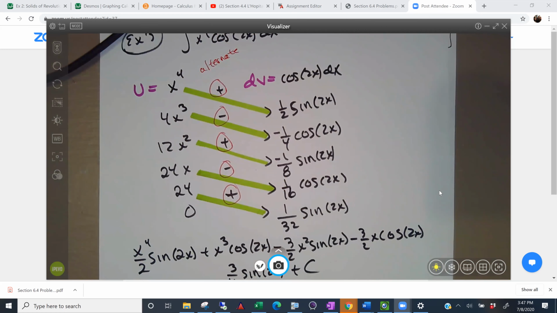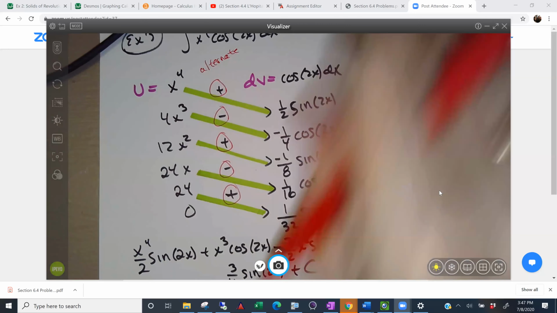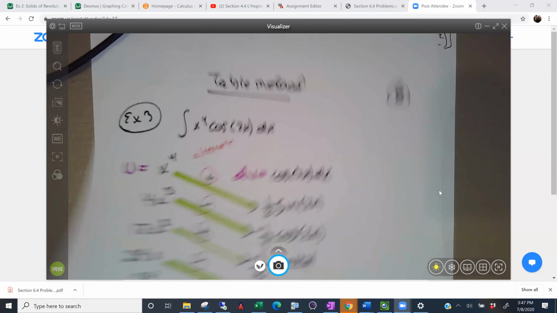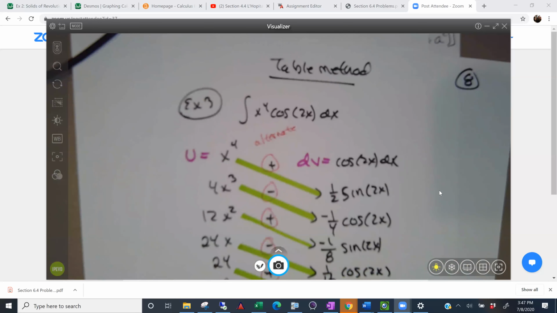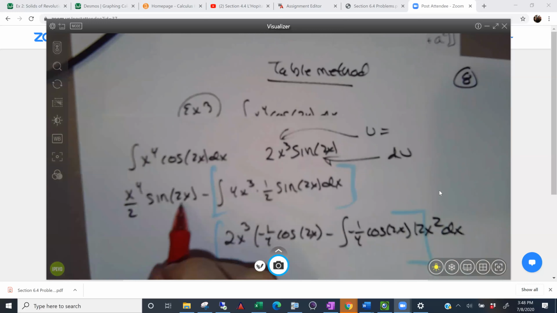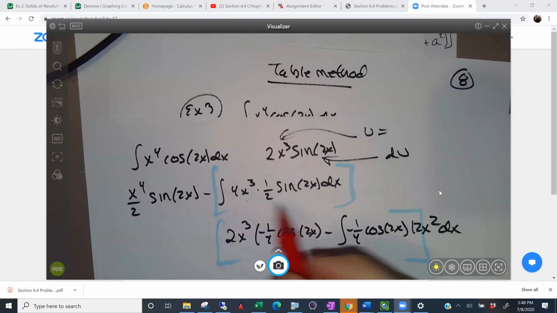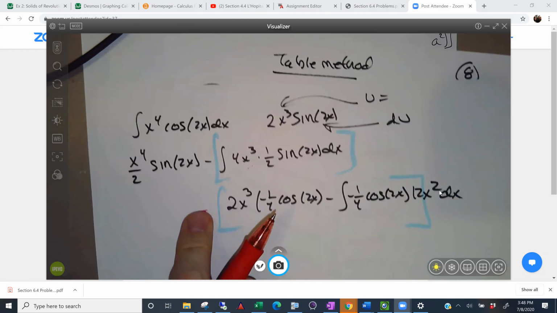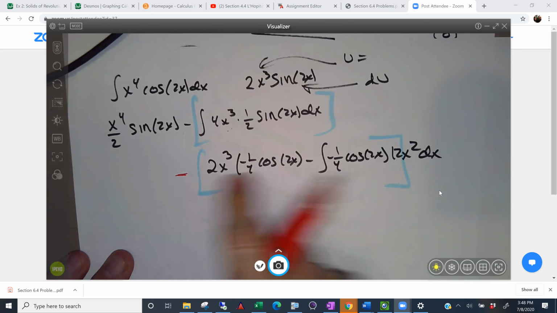Why does it have to be a plus and then minus, plus, minus? So what's happening is that if you were to do this out the long way, the original term has a minus, but then on the next term, you have the minus of a minus.